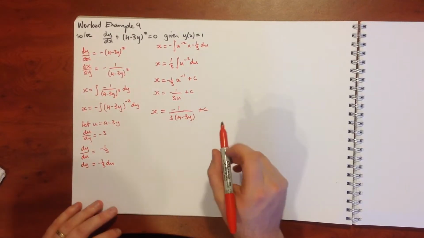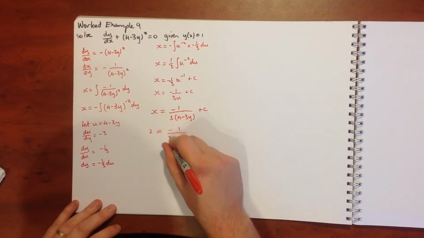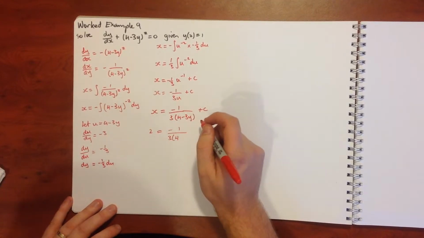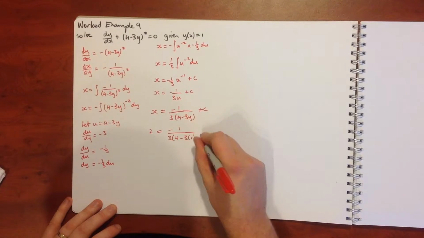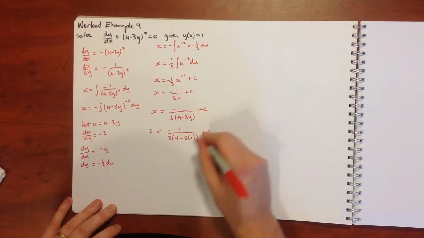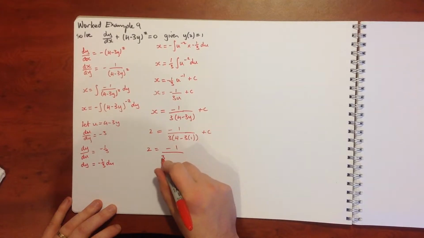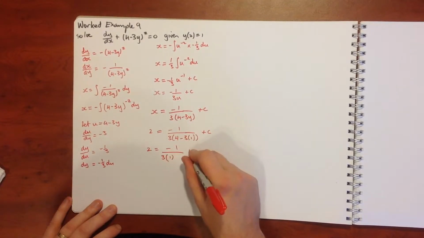When we do that, we get 2 equals negative 1 over 3 times (4 minus 3 times 1) plus c. So 2 equals negative 1 over 3 outside of (4 take 3, which is 1) plus c.